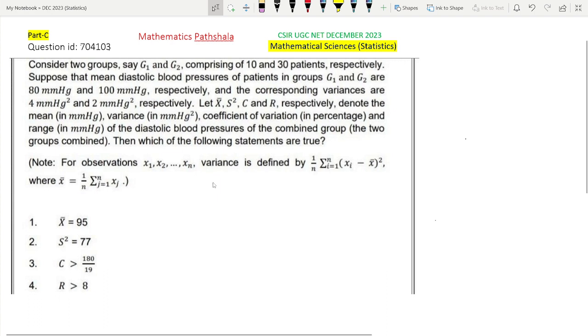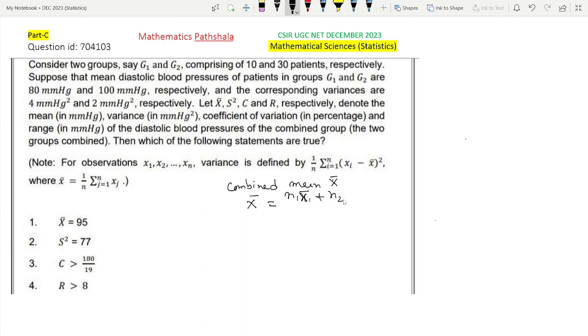Combined mean is denoted by capital X bar, and the formula is, there are two groups, so the formula is n1 x1 bar plus n2 x2 bar divided by n1 plus n2.